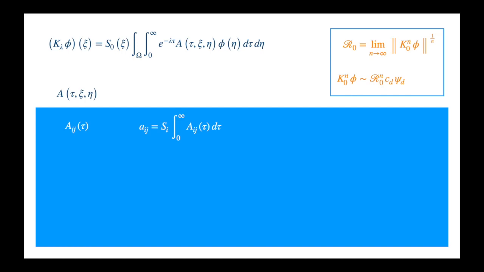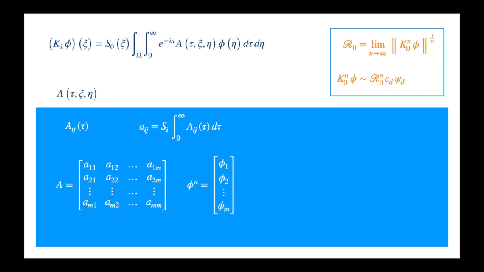Then the m times m matrix will represent the infectivity of the different types to each other. So the first column represents how many infectives of the m different types an infective of type 1 will produce. The second column then represents how many infectives of the m different types an infective of type 2 will produce, and so on.